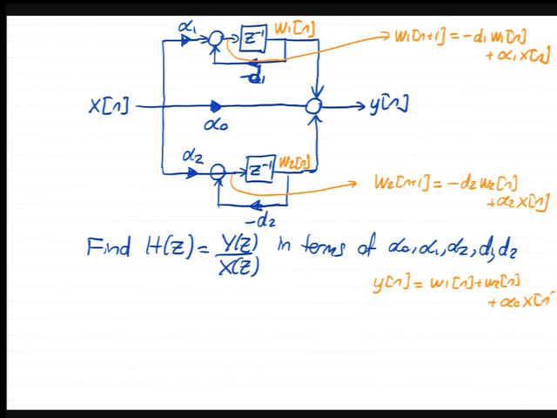All right, so do you all agree with the equations that I wrote? Did you get things similar?